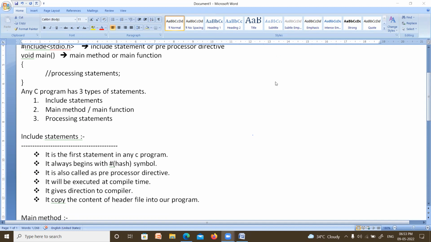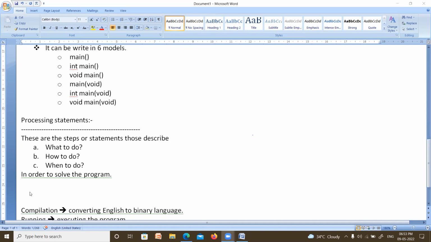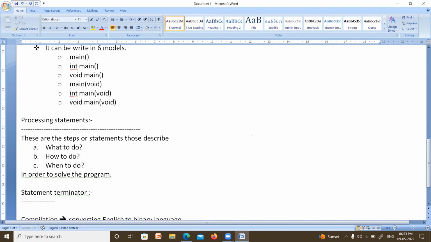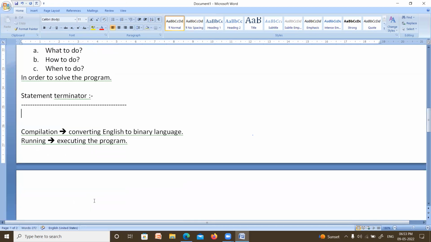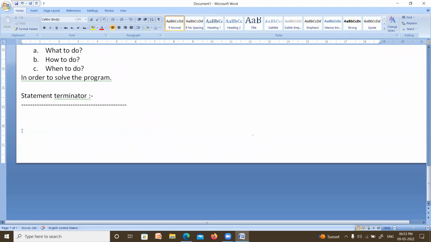The semicolon is called the statement terminator. Now, what is the meaning of a statement? What is a statement in a program? A statement is nothing but an instruction given to the computer, in the sense of the compiler.